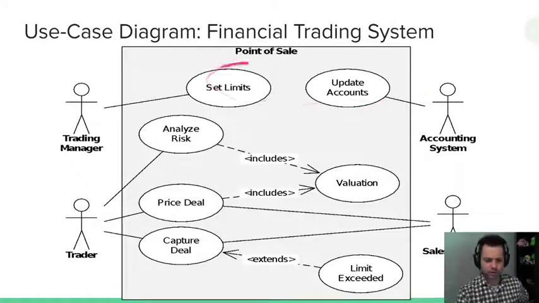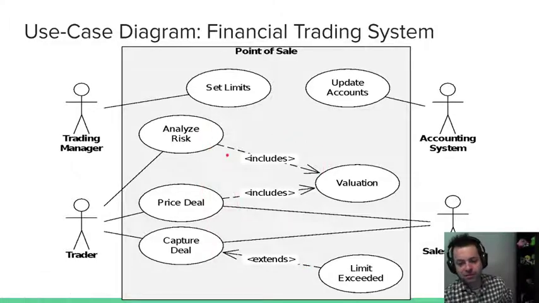So what do we care about here that's interesting? Right, so we still have stick figures, we still have lines touching bubbles. So again, these are going to be your interactions with these goals, right, with these use cases. But we have a couple of other things going on here. So we have includes and extends. So let's say that I want to analyze risk or find out if there's a deal on some product out there.